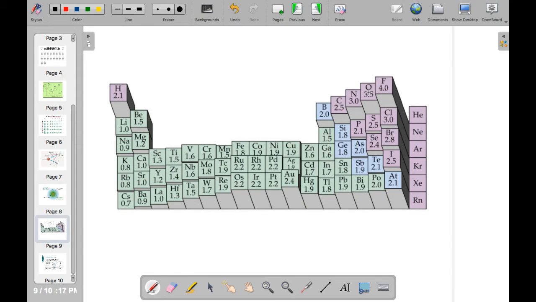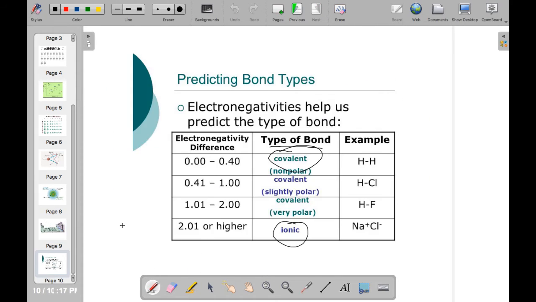So, say, if I take carbon dioxide, it will be covalent. Carbon will bond with two oxygens and it will be a covalent bond. Or I could have something that would be slightly polar or very polar. So as I go down, as that difference in electronegativity gets higher, the type of bond is slightly different, and it tells us what type of bond it is.